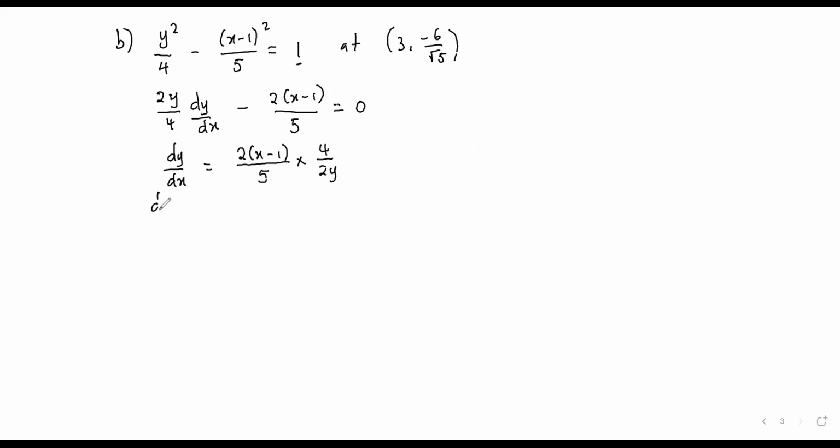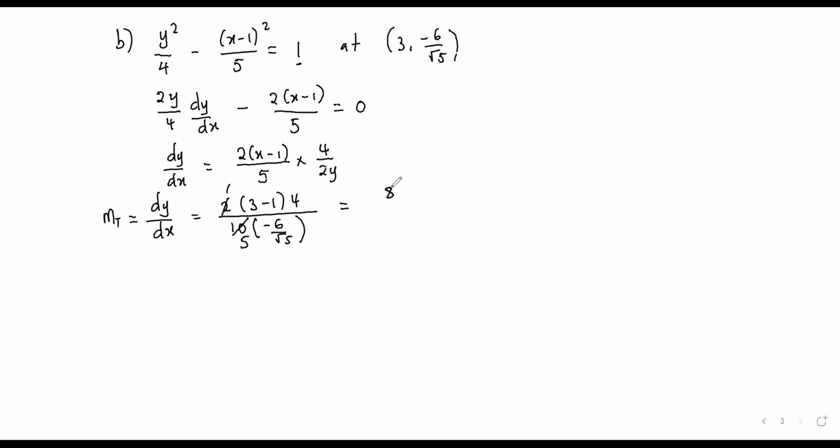So when we substitute the given point, we are going to get 2(3 minus 1) by 4 over 10 minus 6 over root 5. That is y there. So this is a 2 here, and a 2 here, 5. And then 3 minus 1 is 2, by 4, that's 8.